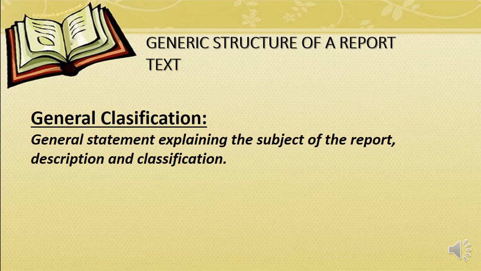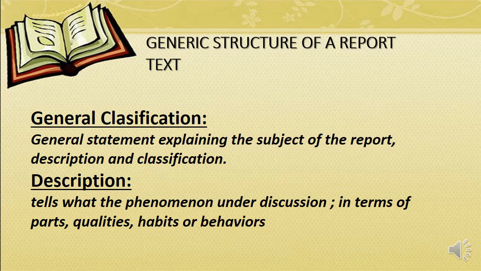What is inside of general classification? General statement explaining the subject of the report, description, and classification. Description. In the description paragraphs, you have to tell what the phenomenon under discussion is in terms of parts, qualities, habits, or behaviors.